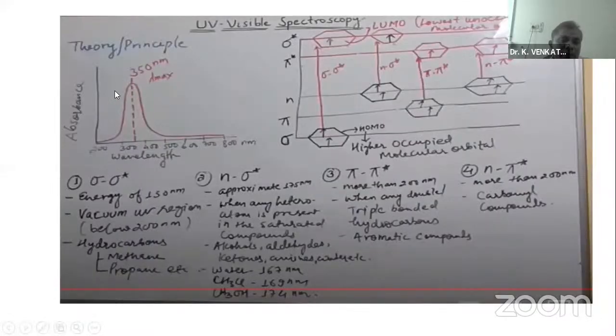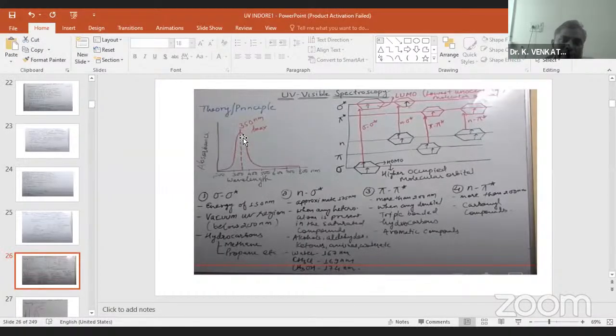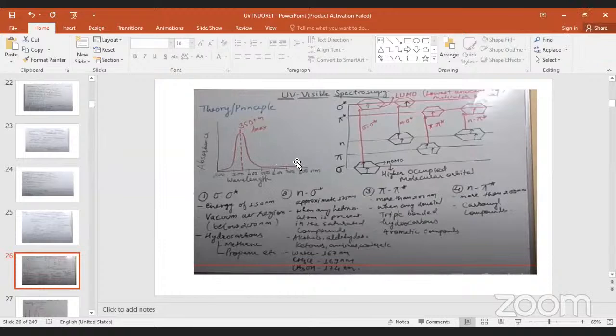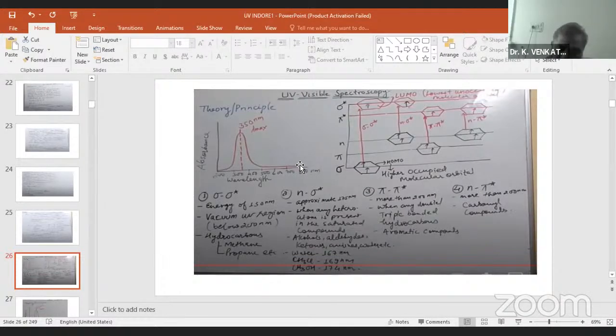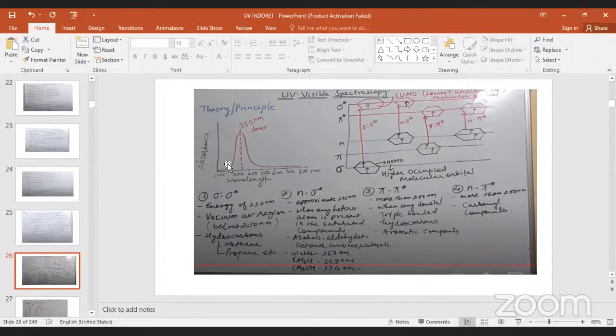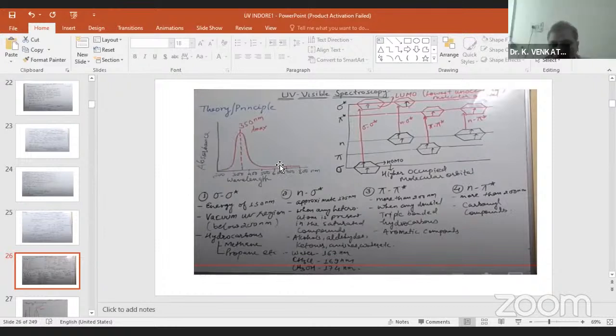In this UV visible spectrum, the y-axis is absorbance and the x-axis is wavelength. How does the peak appear, left to right or right to left? This rectangular peak, how does it appear?